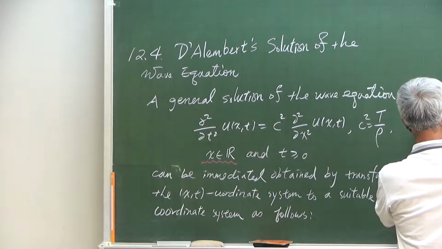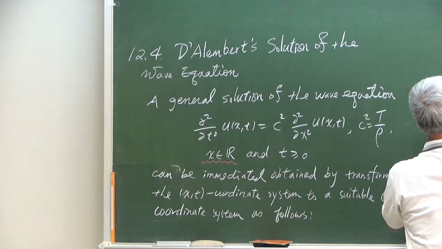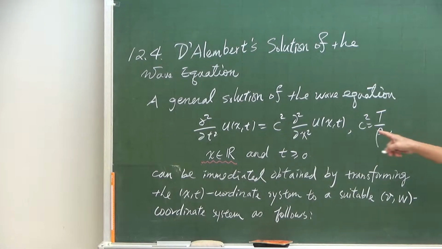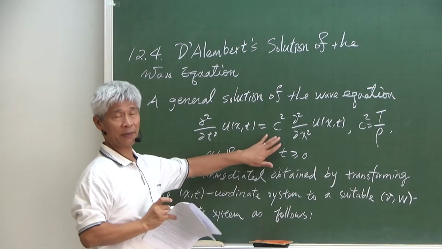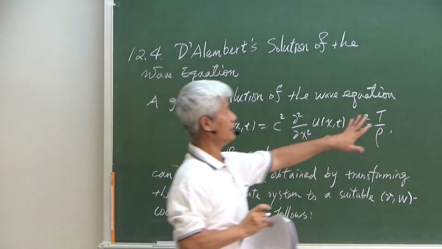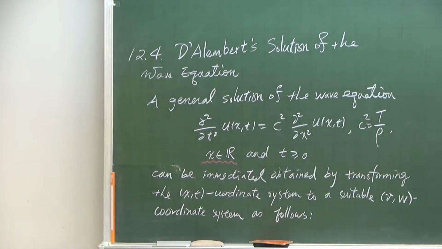So v is x plus ct, and w is x minus ct, and here c is the velocity appearing in the wave equation. Okay, so now you consider such a coordinate transformation. And actually, it is called a linear transformation.